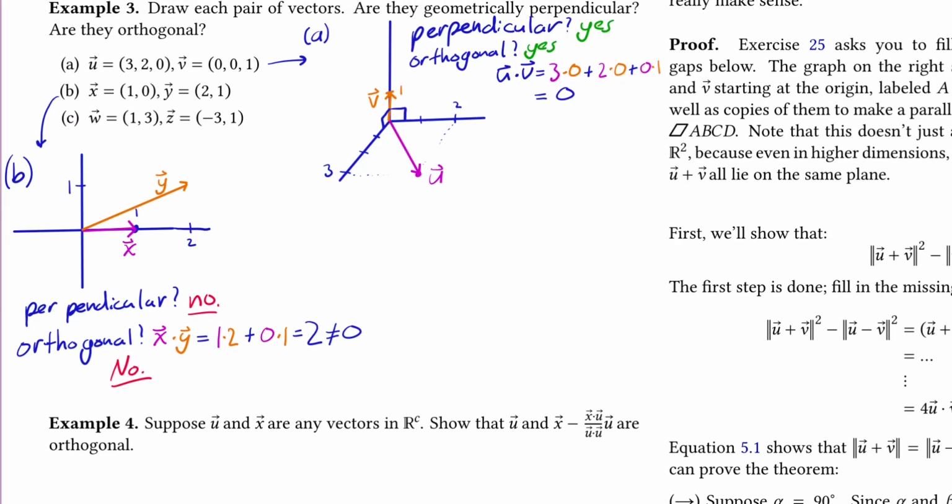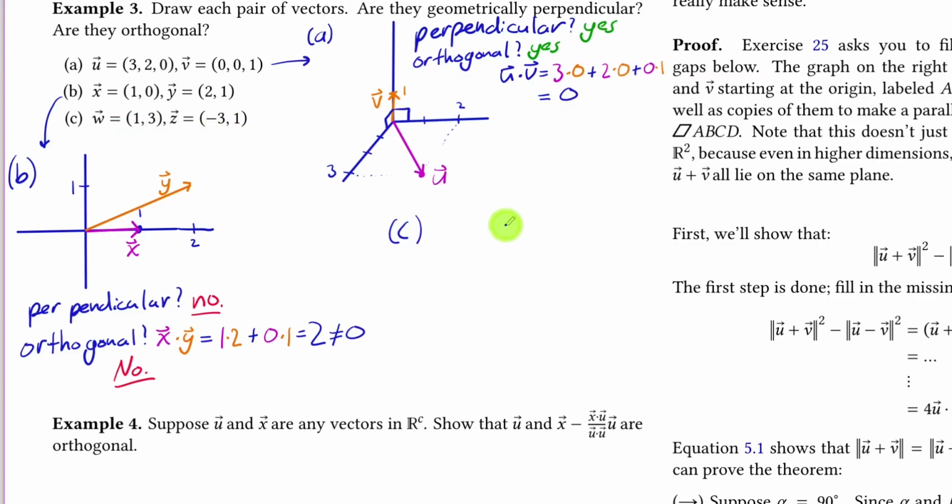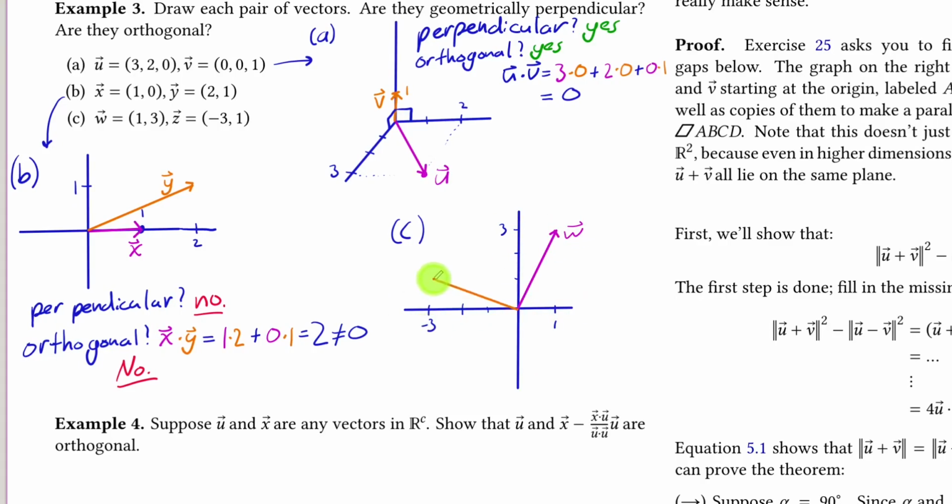Let's look at C. C is a little more interesting because neither of these are on the x1 or x2 axes. These are both diagonal vectors. So this is what these look like. And are they perpendicular? Yeah, it sure looks like it. I suppose you could say that the slopes of these two arrows are opposite reciprocals of each other is one way to see it.